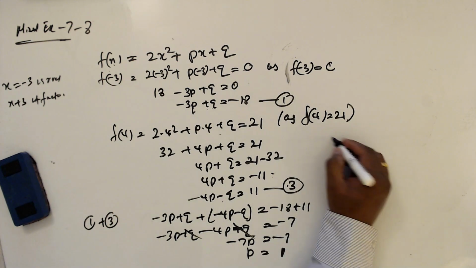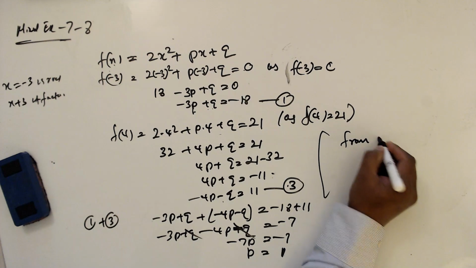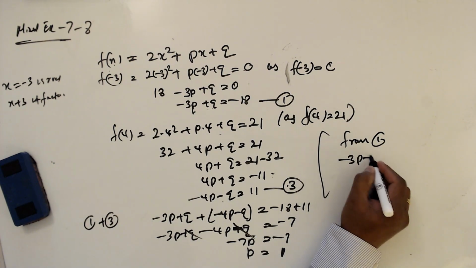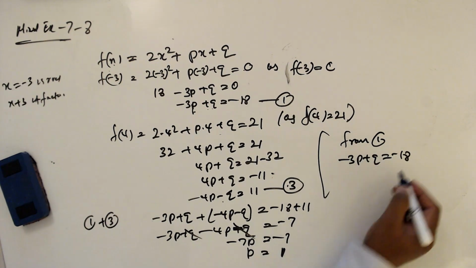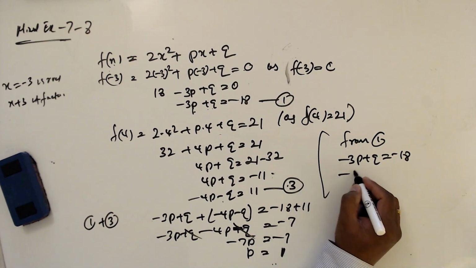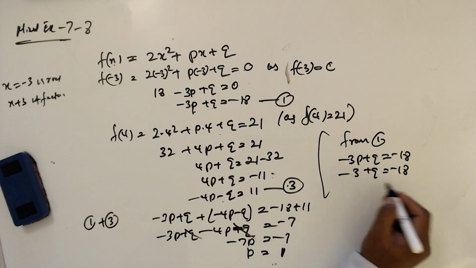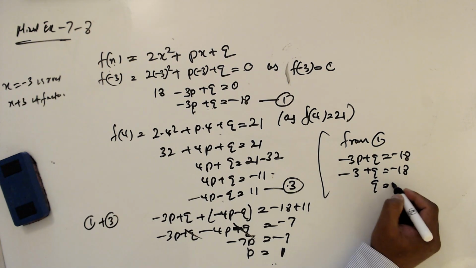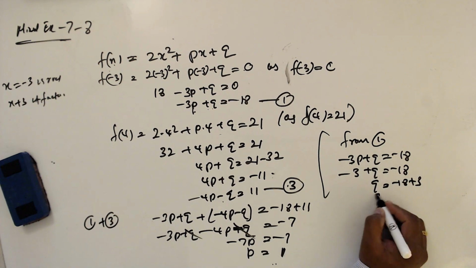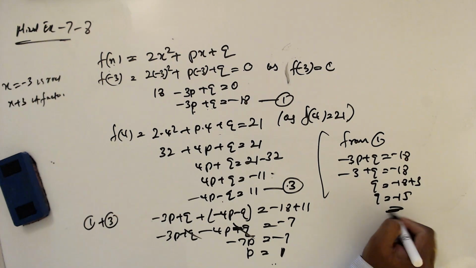Then from 1, minus 3p plus q equals minus 18, p equals 1. It means minus 3 times 1 is minus 3 plus q equals minus 18. q equals minus 18 plus 3, q equals minus 15.